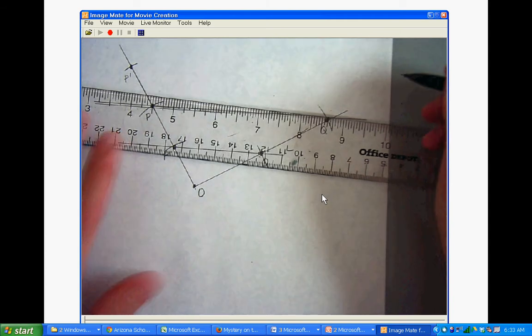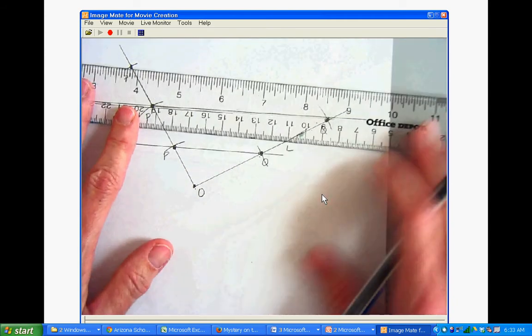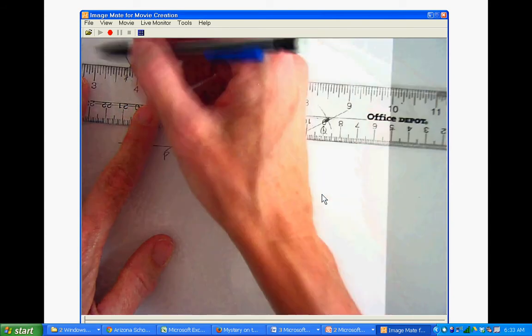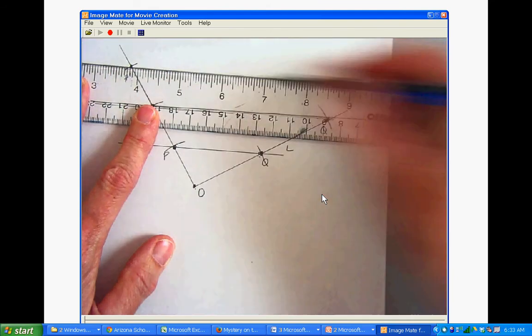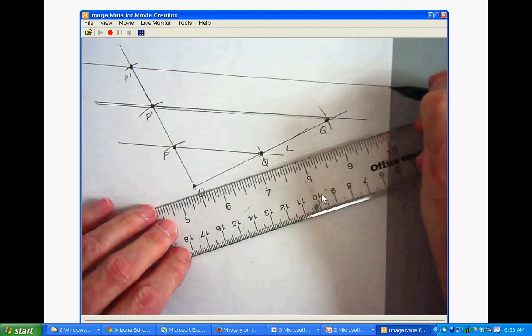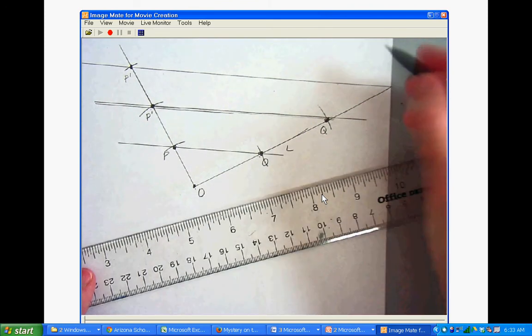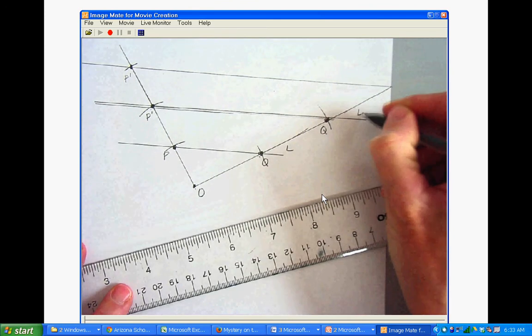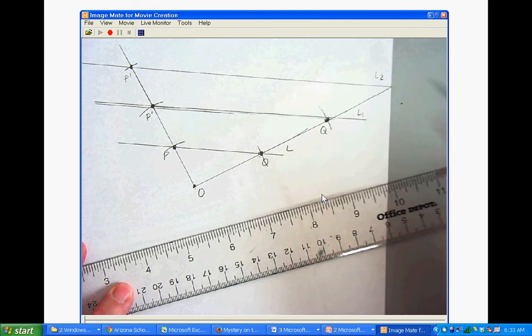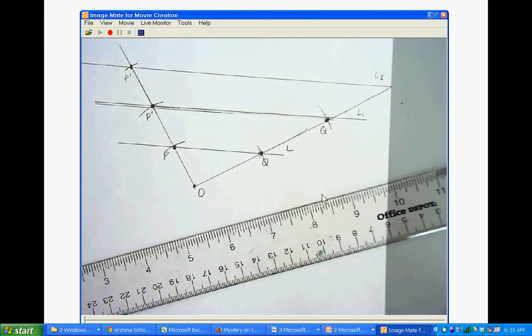And again, if you remember, it was kind of out here, but if I go ahead and draw that line, then over here it's going to connect, and you can see that L, if we call this L2, then it's also going to be parallel.